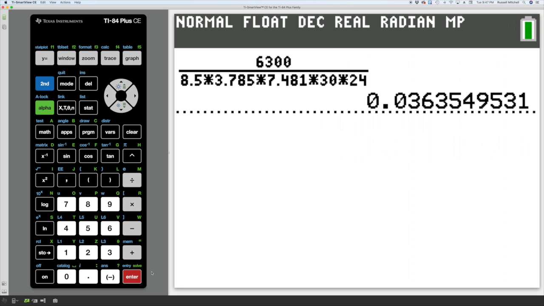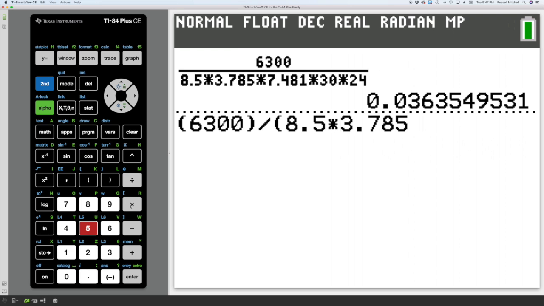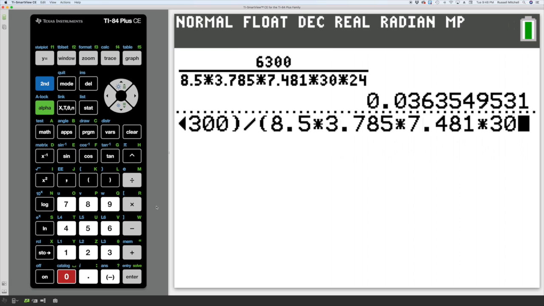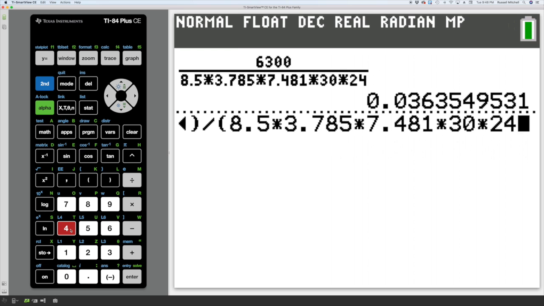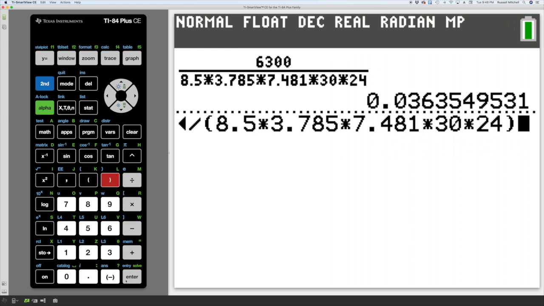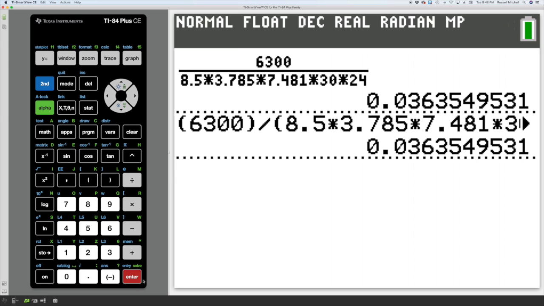0.036354951. Okay, another way you can do this is start with a parenthesis, 6,300, close a parenthesis, divide, parenthesis, and then 8.5 times 3.785 times 7.481 times 30 times 24, and then close a parenthesis for the denominator, and then you can press enter, and look, you get the same exact answer.